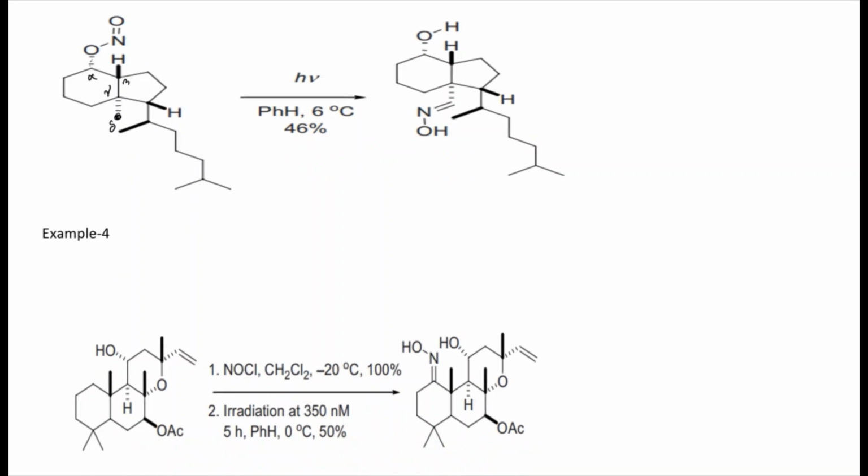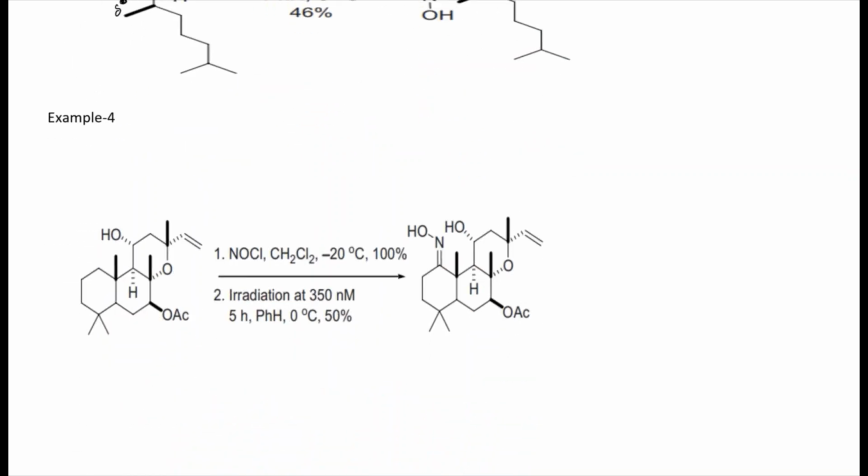Now we'll come to the next example. You can see here that this hydroxy group will be converted into ONO. Now with respect to this hydroxy group, this is alpha, this is beta, this is gamma, and this is delta. Now this is alpha, beta, gamma, delta. This is alpha, beta, gamma, delta. So 3 types of delta hydrogen atoms are there.